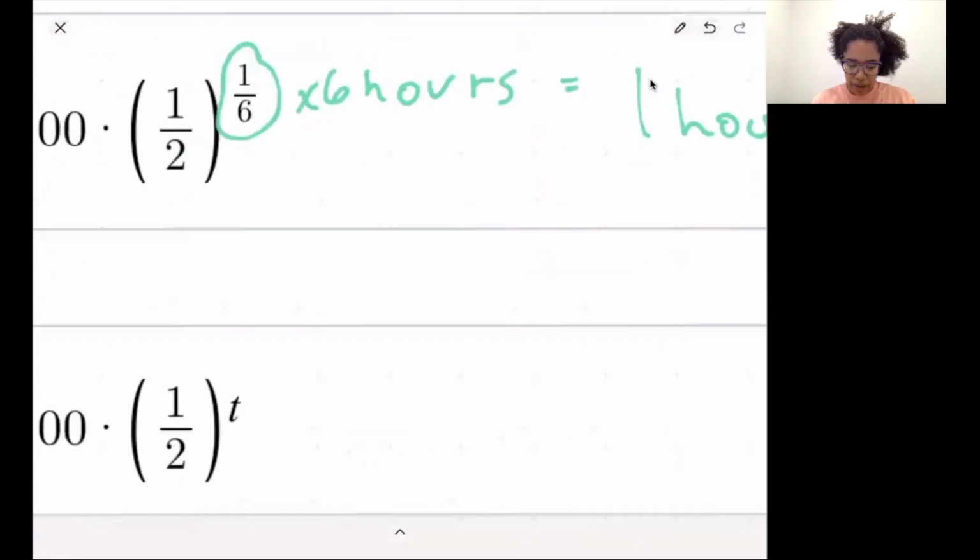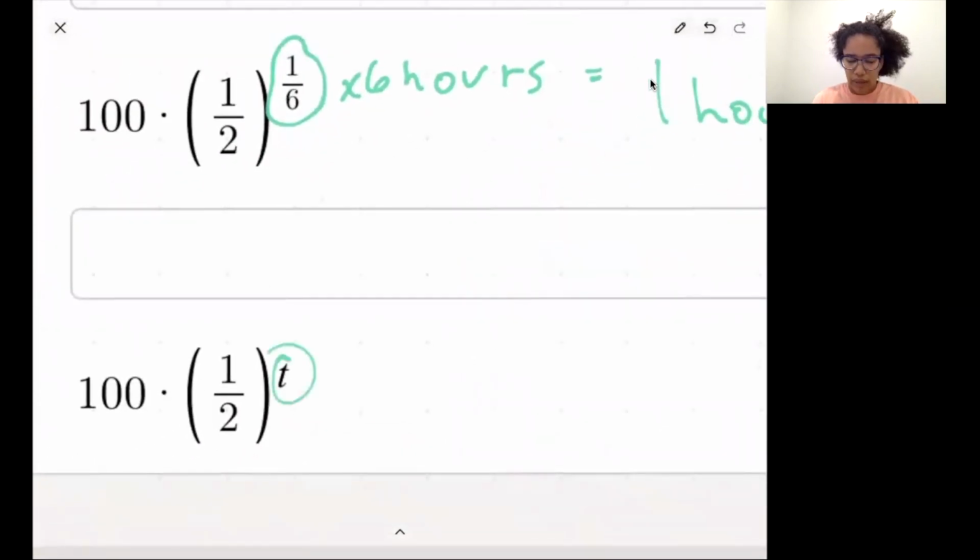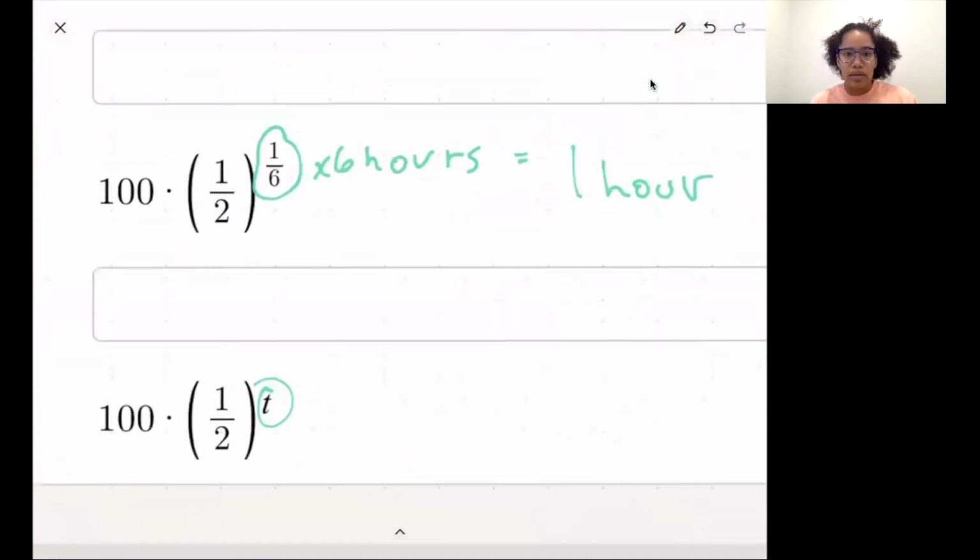So then that brings us to T. What's T representing? Well, we already know T is a variable, so it can be replaced with anything. So it really depends on what time period we are looking at. Are we looking at 10 hours after this person drank caffeine?